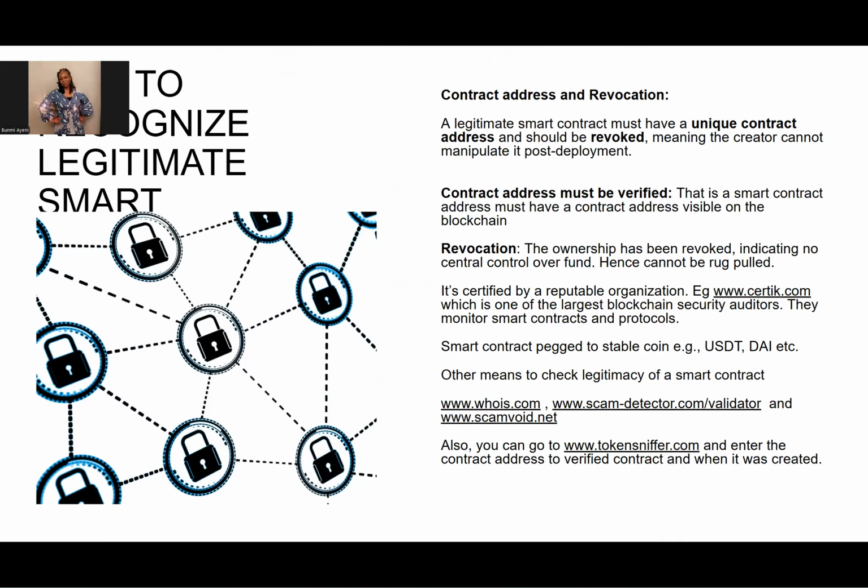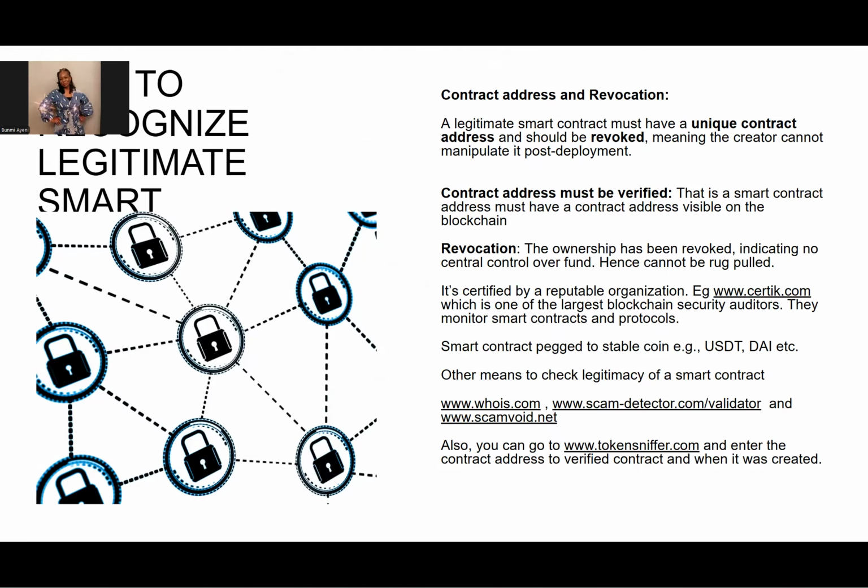Also, smart contracts can be pegged to stable coins. I don't like getting into smart contracts that are not using stable coins because of the volatility issue with cryptocurrency. So stable coins like USDT and DAI.